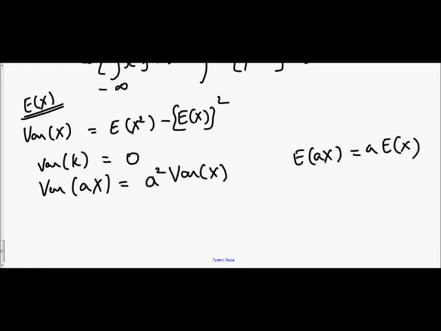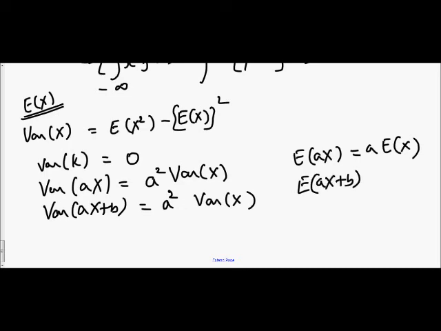But here it is a squared Var(x). And the variance of ax plus b would be a squared Var(x). In the case of expected value, ax plus b would be a E(x) plus b, right? So you can see that it's a squared Var(x) in the case of variance.